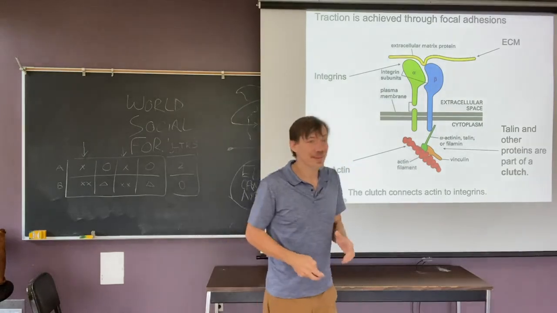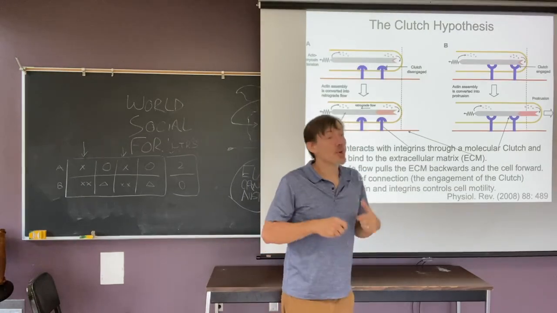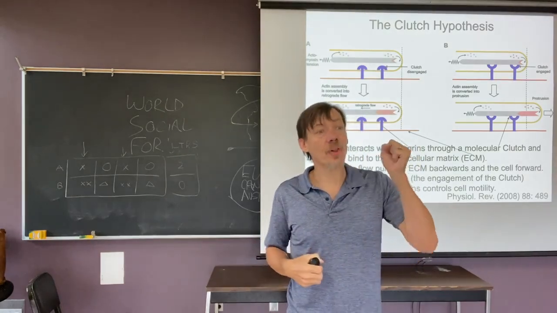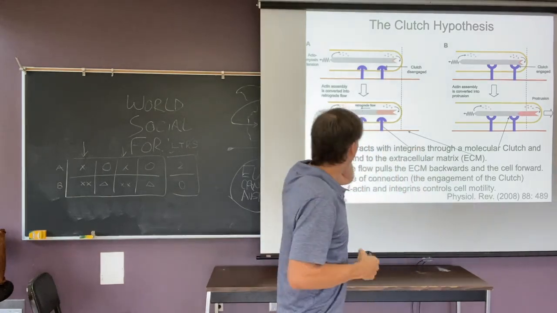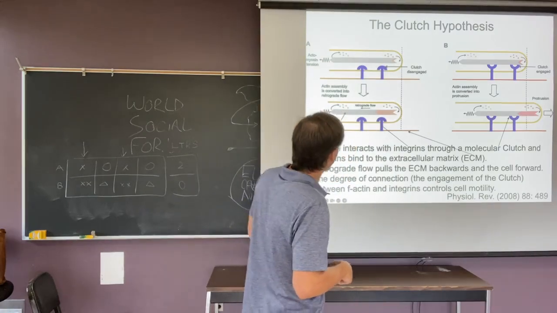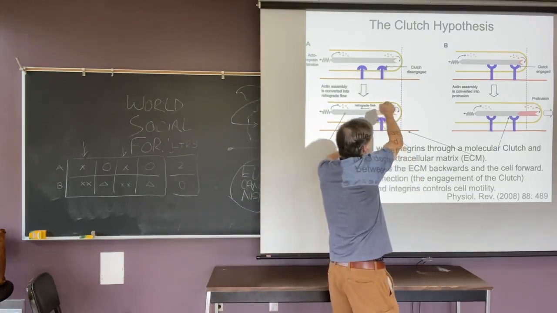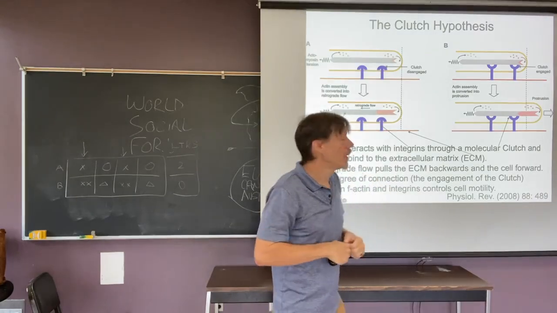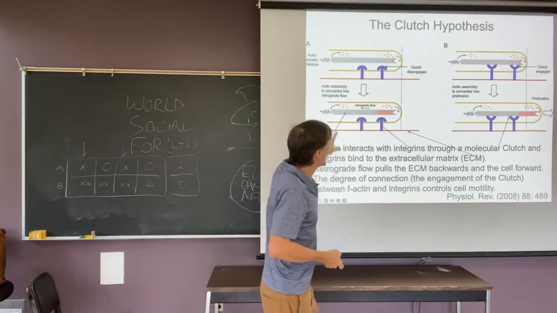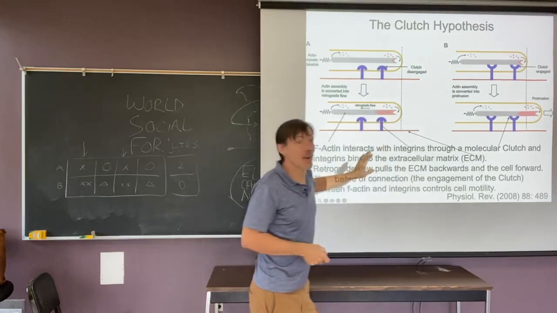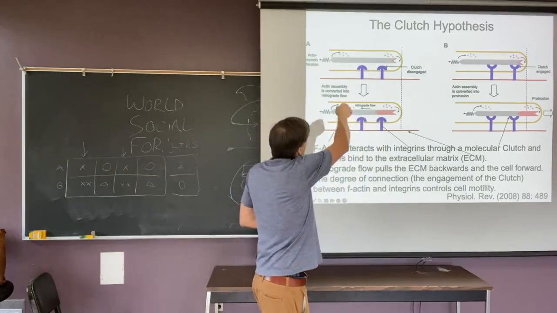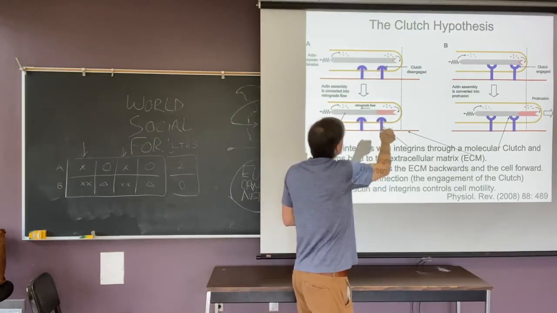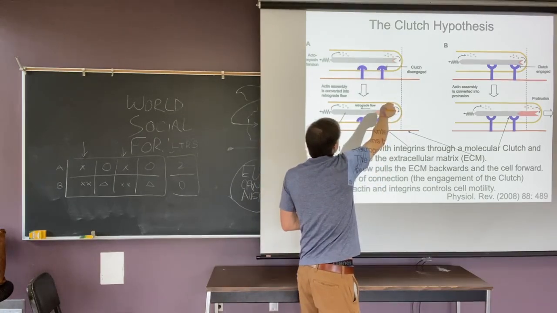So in terms of the clutch hypothesis, the idea is this clutch is a linkage. And if we have a case where the clutch is disengaged, that linkage is not there. If we have a cell that is not moving forward, we can just imagine this is the leading edge of a cell, so the very tip of the cell is going to be over here.